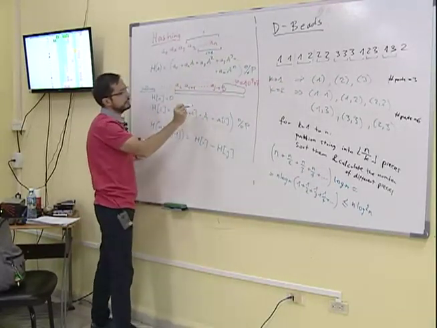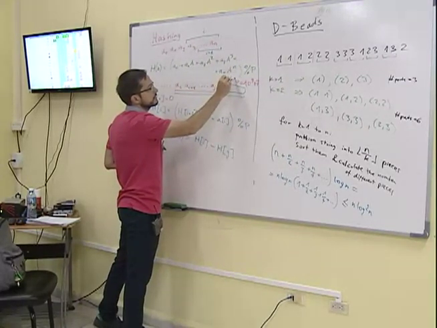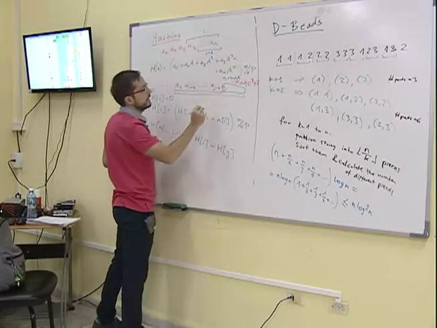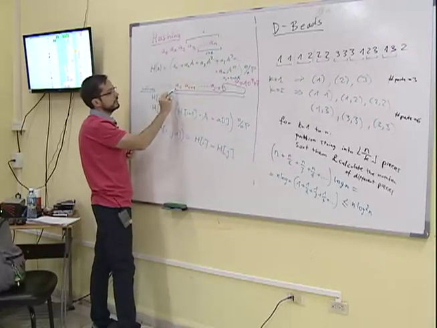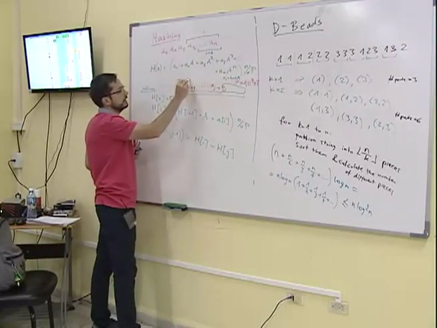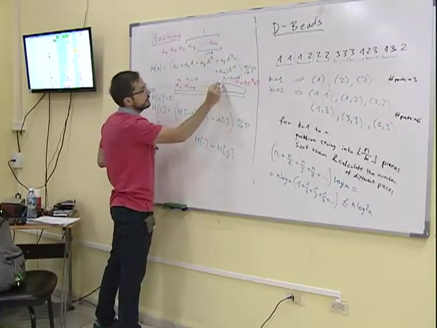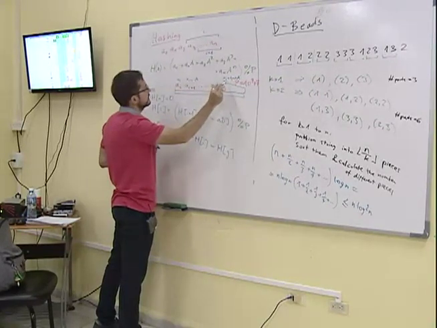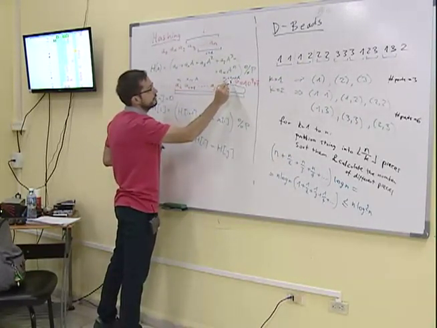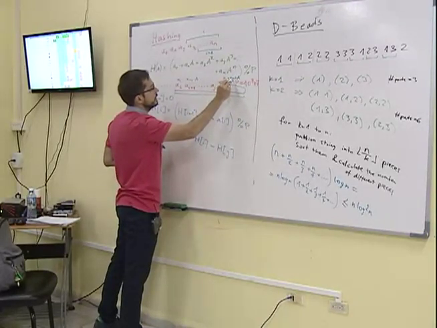This hash here was a_{j+1} times a, and if we're calculating the hash from i, here we have a_{i+1} times a, and if we go here we will have a_j times a to the power of j minus i.